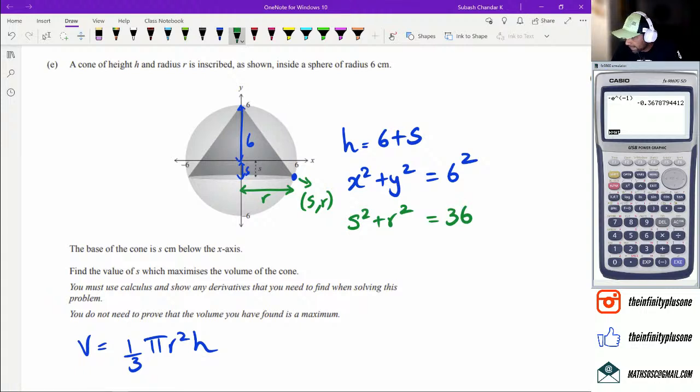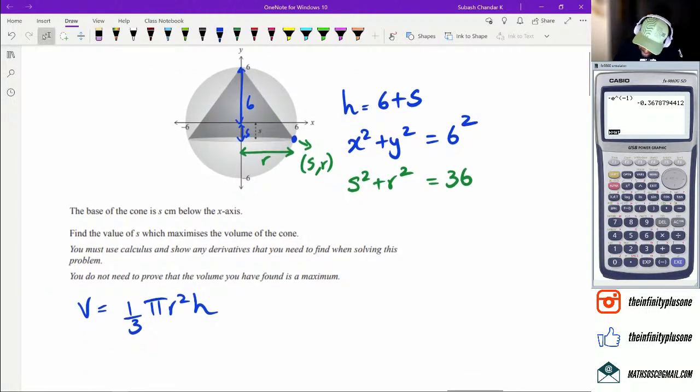Now, once I've got that, the next step is I'm going to go back to my volume equation, and I want to get rid of R and H. So my first thing is H is equal to 6 plus S. That's pretty simple, because all I'm going to do is get rid of H and replace it with 6 plus S. The next thing is I need to get rid of R squared.